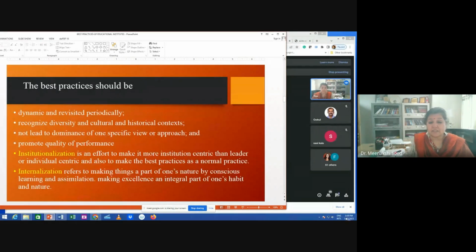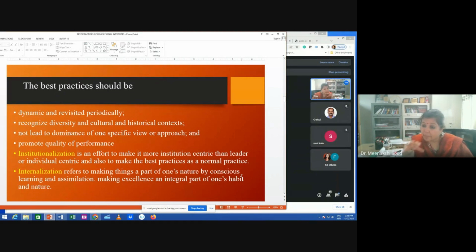Basically, institutionalization is making an effort to make it institution-centric, and internalization is when it becomes part of one's nature through conscious learning. It becomes a habit. If I have to do mentoring, keep track, take seminars, take care of the personality development of students or develop their soft skills, I do not have to put in any extra effort.